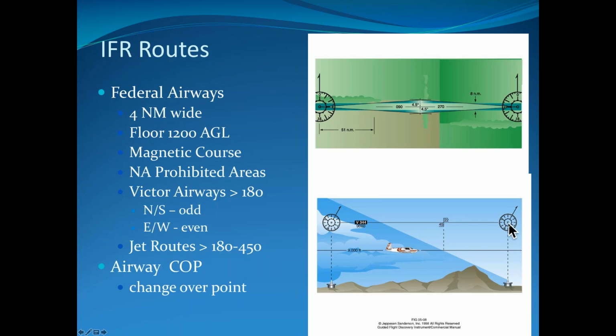That means that this signal, because of terrain, will only be accurate up to 22 miles from this station. At 22 miles from this station, or 45 miles from the other station, that's where the pilot's going to change over from using this navigational aid to this navigational aid.